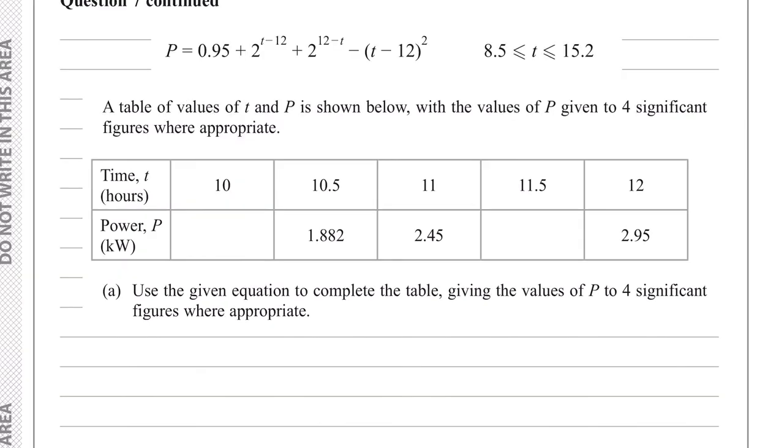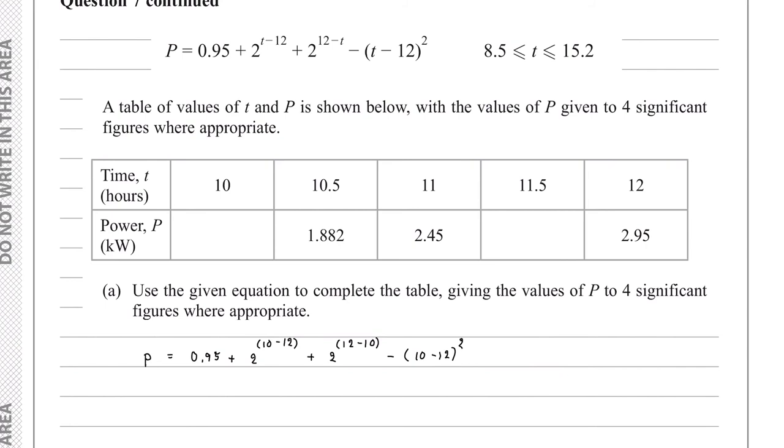So in this part, we just have to substitute the given values of T into this equation. So for the first one, T is 10. So we substitute 10 into this equation. It will be P equals 0.95 plus 2 to the power of 10 minus 12, plus 2 to the power of 12 minus 10, minus 10 minus 12 squared.